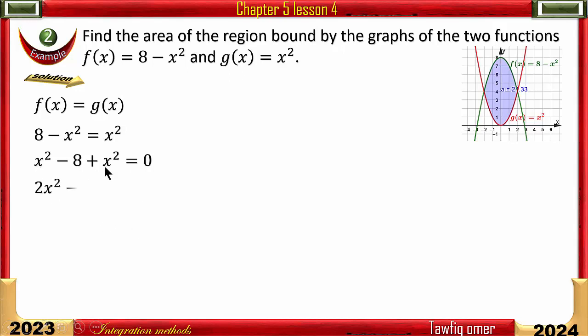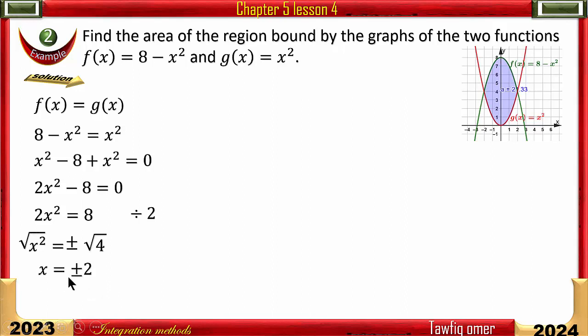x squared plus x squared is 2x squared minus 8 equals 0. By moving 8 from left to right, 2x squared equals 8, and dividing by 2, x squared equals 4. By taking the square root of both sides, x equals plus or minus 2.